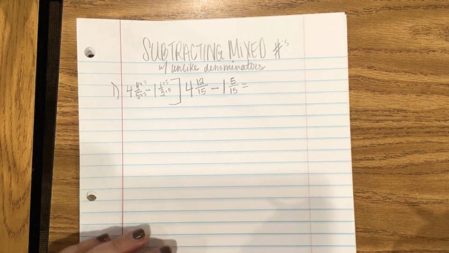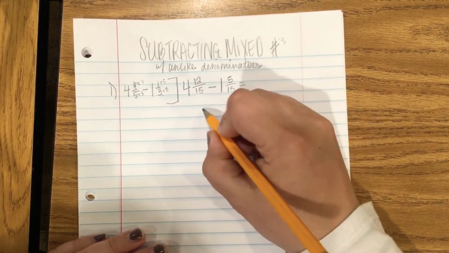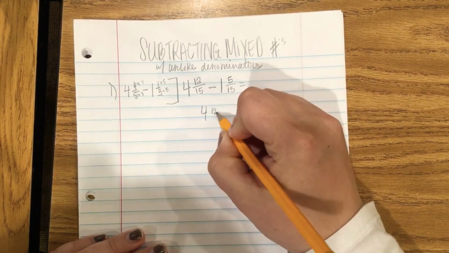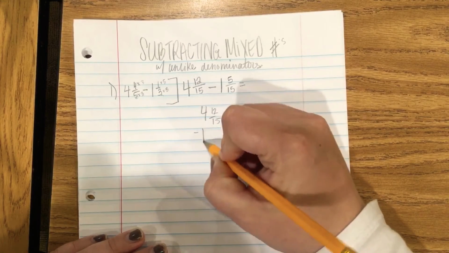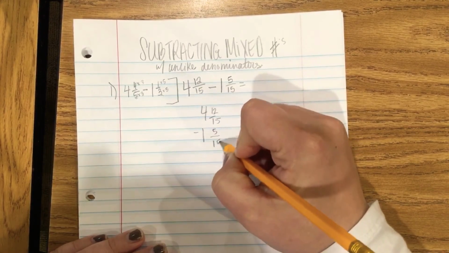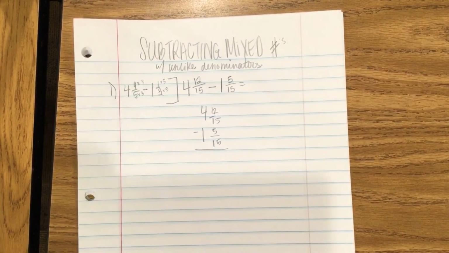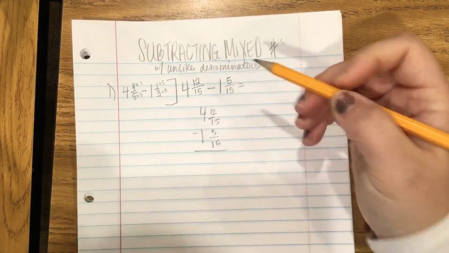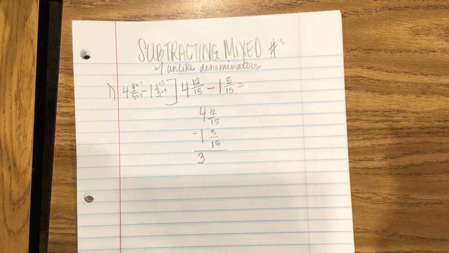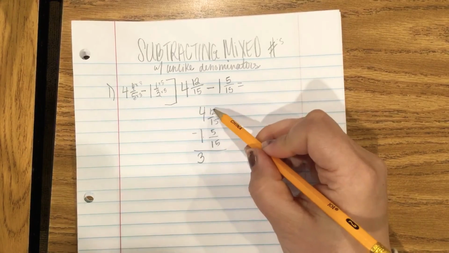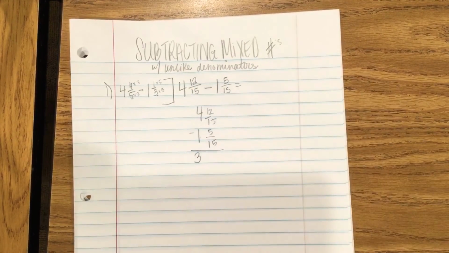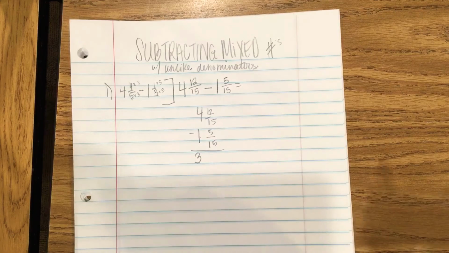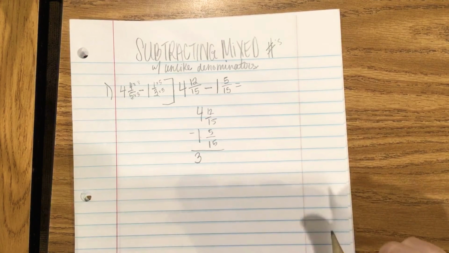Or if you want to, you can rewrite it this way. You can write it that way if you like. It is completely up to you. So I know that 4 minus 1 is 3. 12 minus 5 is, come on, say it.